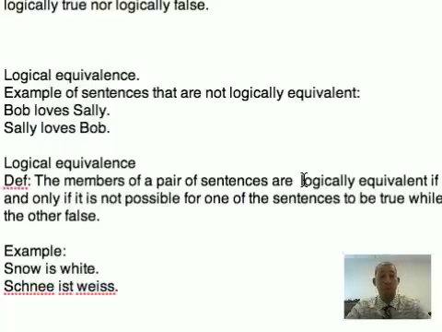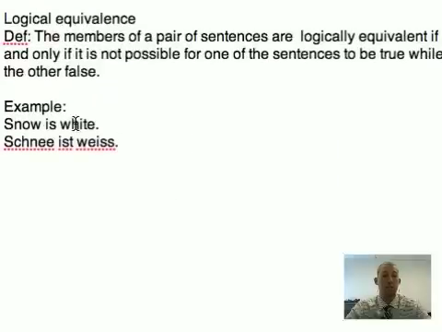One of them is in English, and it says that snow is white, and the other one is in German, and it also says that snow is white. That is, whenever the sentence "snow is white" is true, it will also be the case that "Schnee ist weiß" is true. And vice versa. So that's our notion of logical equivalence.